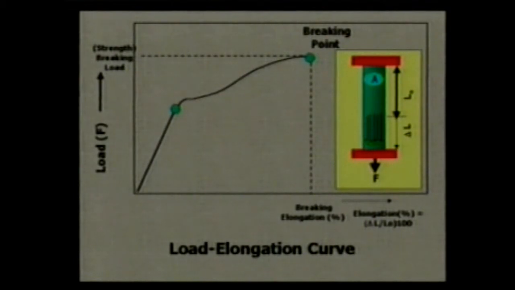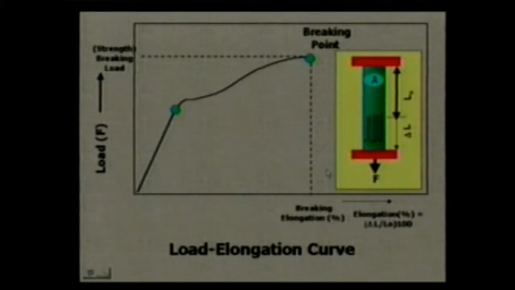Just about every contract specifies at least one of these two parameters, certainly the strength. Some other contracts may specify both strength and elongation. But these are the two most commonly used parameters of material strength under tension.